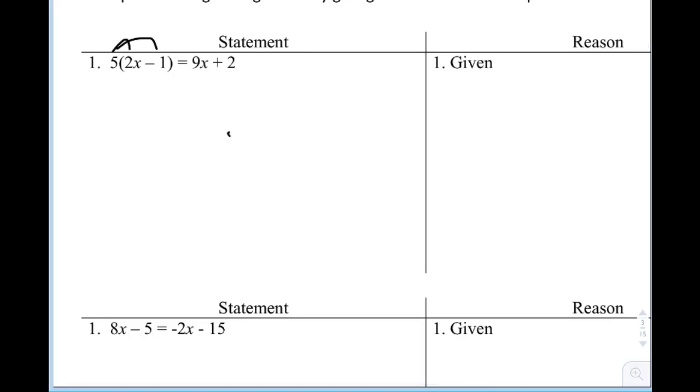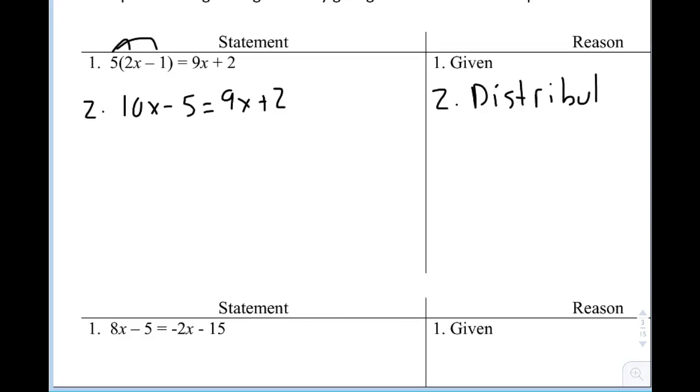So I will have statement 2 now, 10x minus 5 equals 9x plus 2. And that step was distribute. Then I say we need to get all the x's onto one side. So you're going to subtract 9x from both sides.